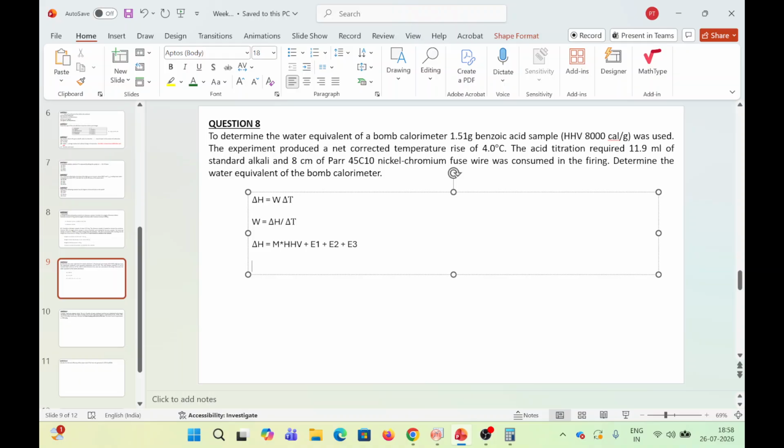We need to incorporate that as well while calculating the water equivalent of the bomb calorimeter. So how do you calculate E1, E2 and E3? HHV is given.